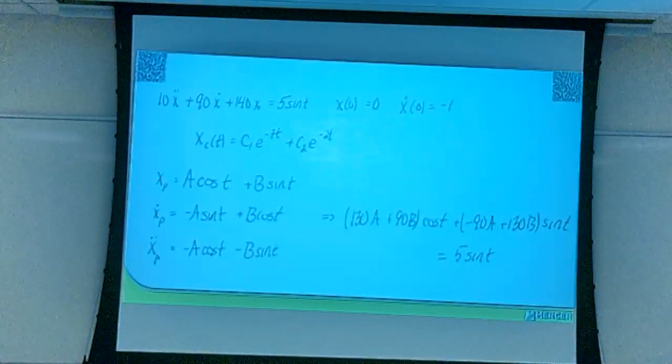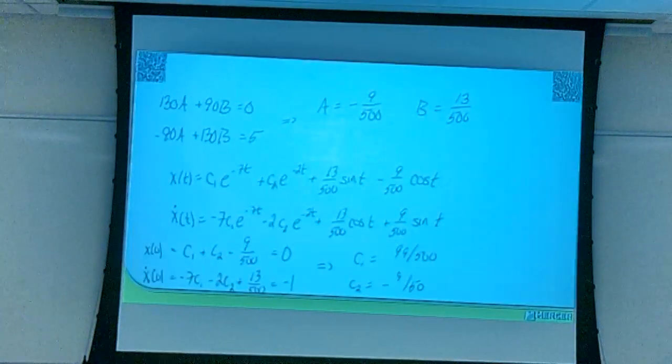The solution should be almost identical.